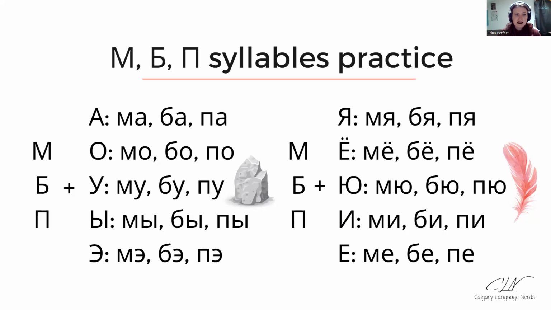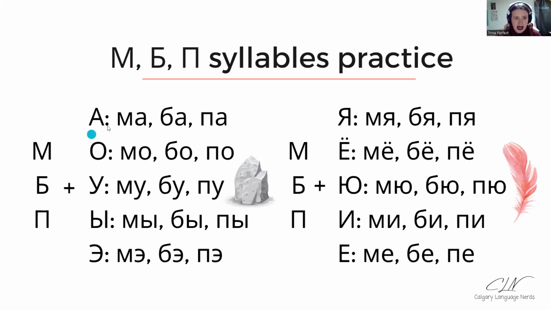We're going to practice them in this order, going from the easiest to the most complicated, slowly but gradually. So what I'm going to do is read for you the lines in comparison. We have the letters M, B, P, and they make different syllables.